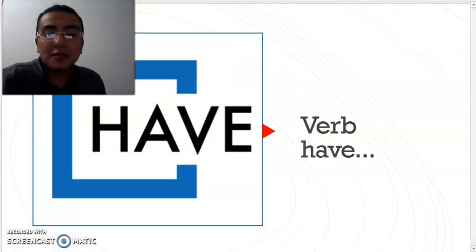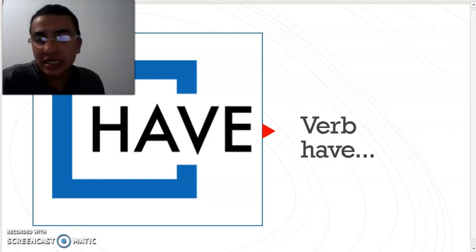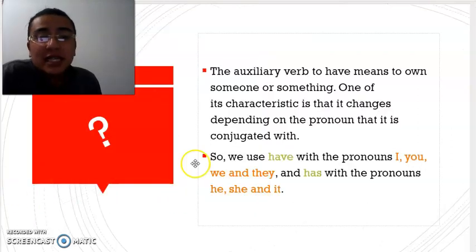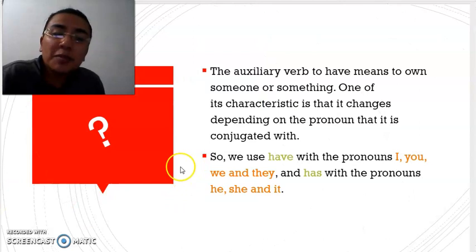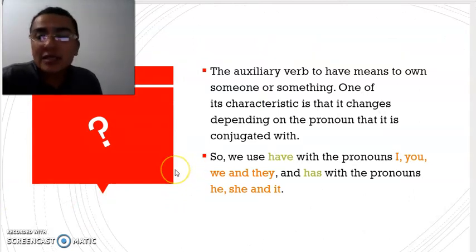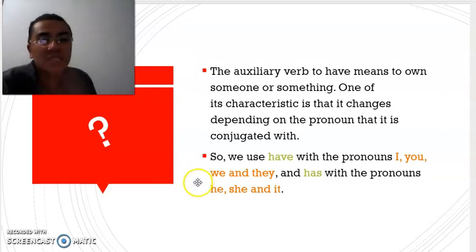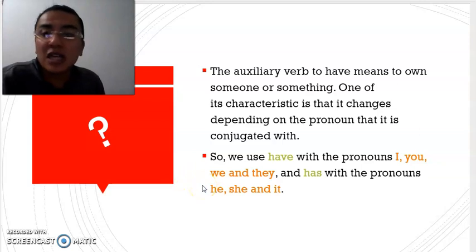Now, verb have. It is really easy. Well, it's actually an auxiliary verb, but it actually relates to the possession of someone or something, right? One of its characteristics is that it changes depending on the pronoun that is conjugated.